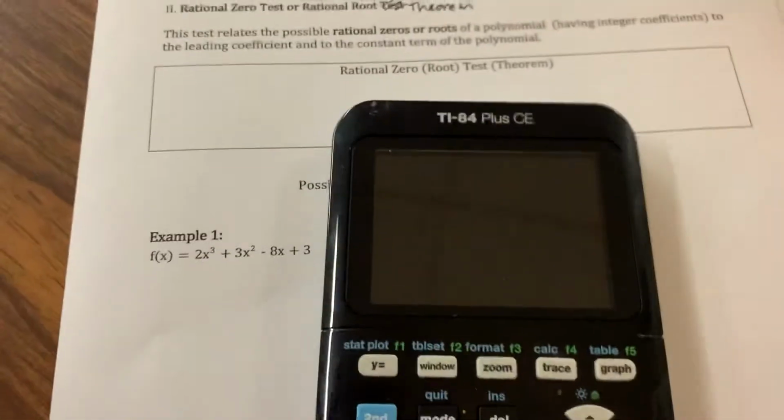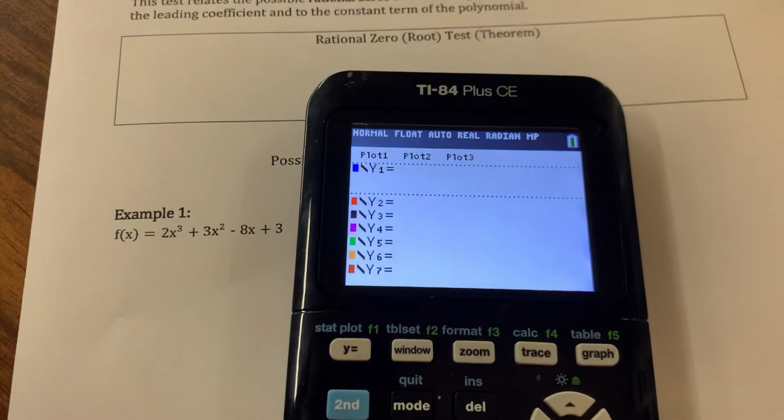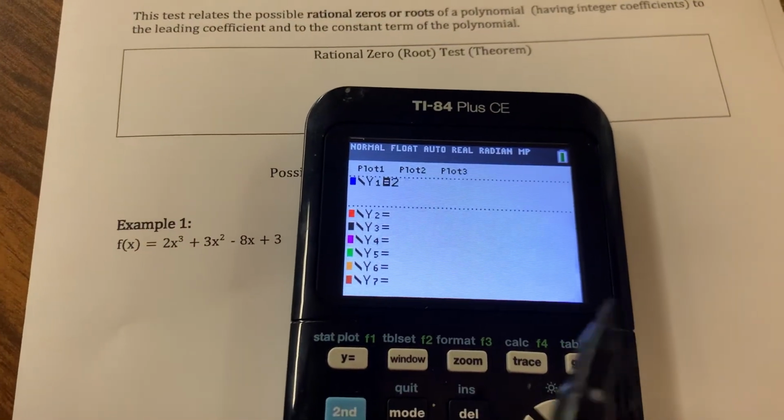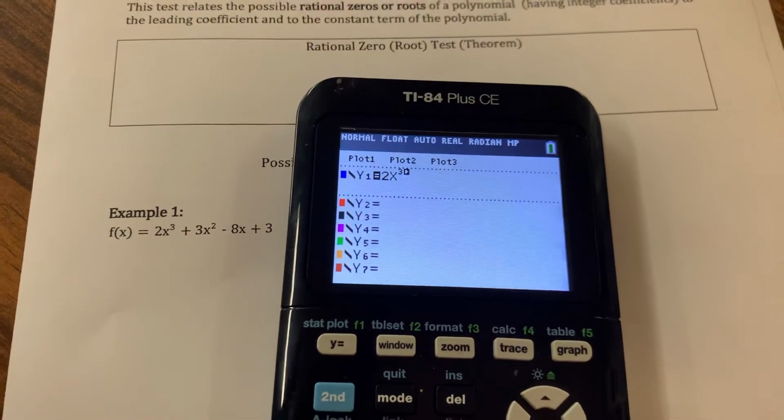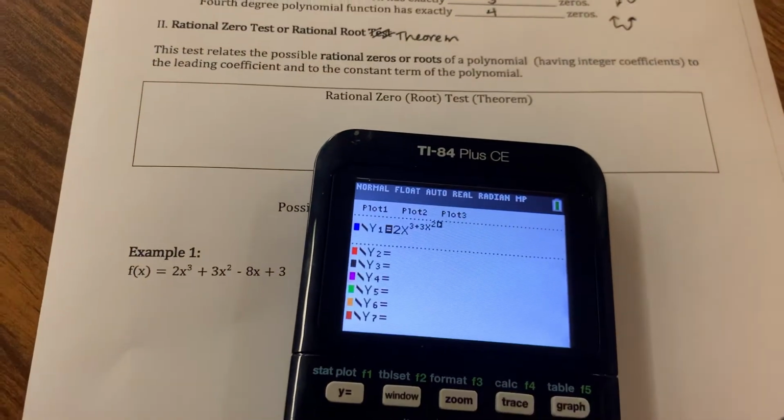All right, well, did they graph it in their graphing calculator? Did they go to 2x to the third and they add 3x squared? Oopsies.